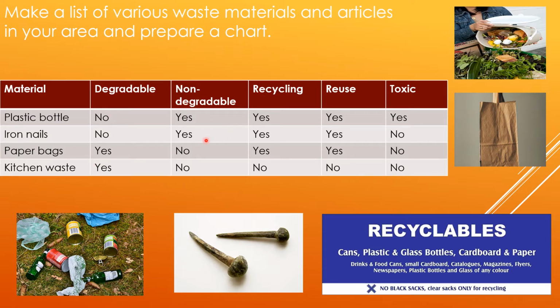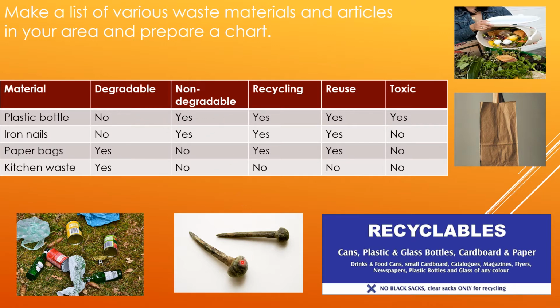Non-degradable atoms means all the dry waste which can be recycled or reused. These are the non-degradable atoms. And these non-degradable atoms do not decompose, and they remain accumulated in the environment for a very long time. So this is the difference between degradable and non-degradable.